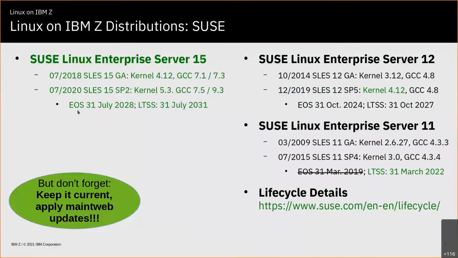You can see the service time frames at the bottom. They have a regular service update time frame, which lasts until 2028. If that's not enough, you can purchase an update extension, and that goes for another 3 years. They still have 2 other releases in service, which would be SUSE Linux Enterprise Server 11 and 12.